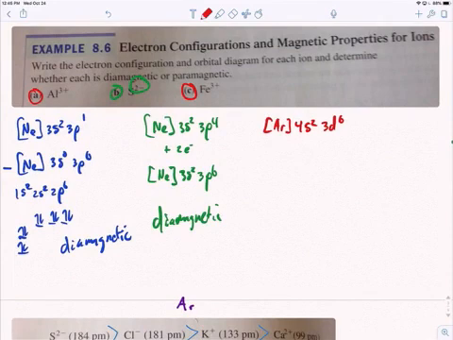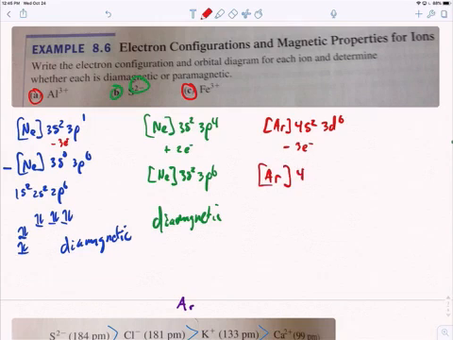Now we have, I should put plus 3. So we're going to lose 3 electrons, and we're going to have argon's configuration. Remember, highest n first, so 4s0, 2 electrons there, 3d5. And the d's, there's 5 of them, and 1 electron in each.